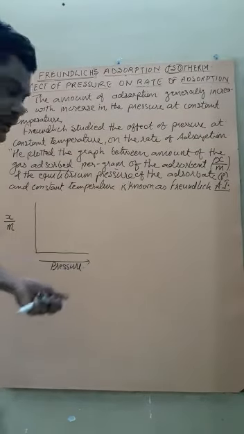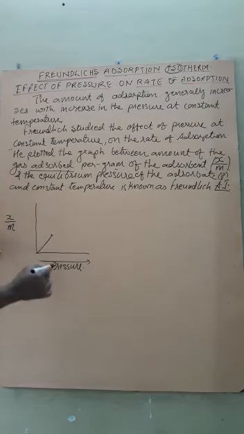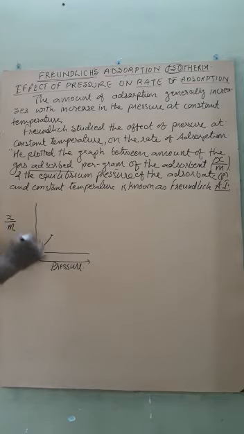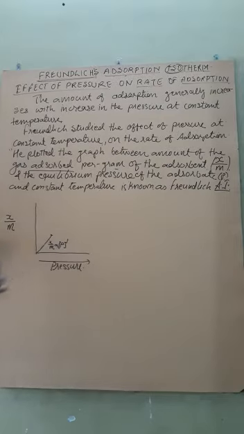So when he plotted the graph, he observed that initially at low pressure at constant temperature, we got this straight line. What it shows? It shows that at constant temperature, if the pressure increases initially, the rate of adsorption also increases and is directly proportional to P to the power 1.